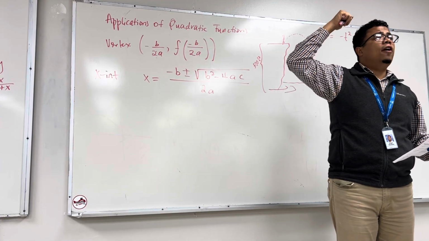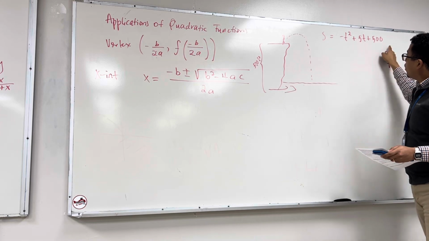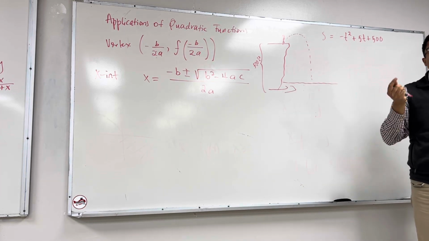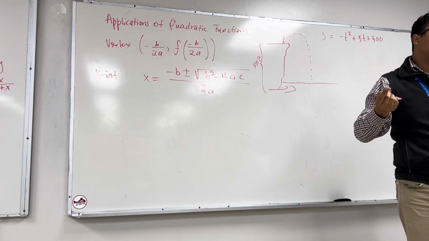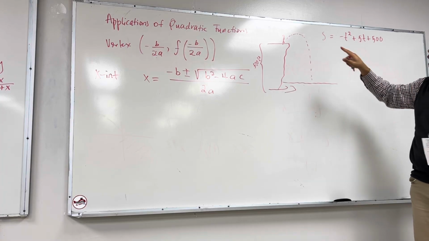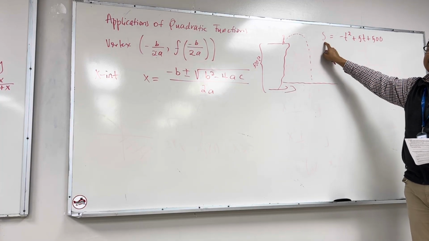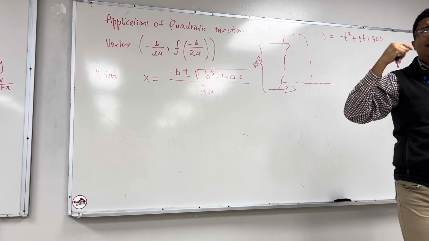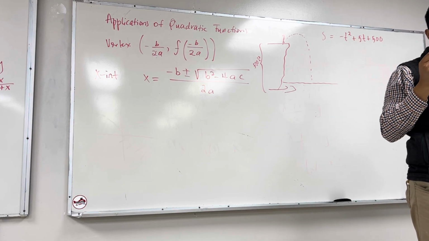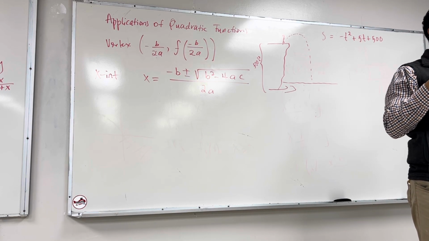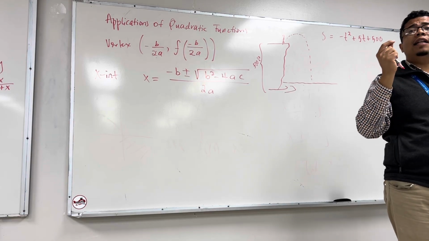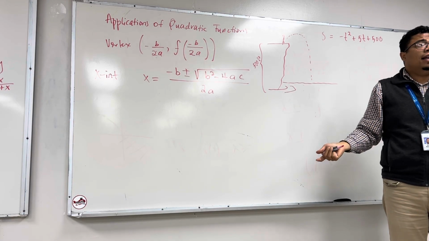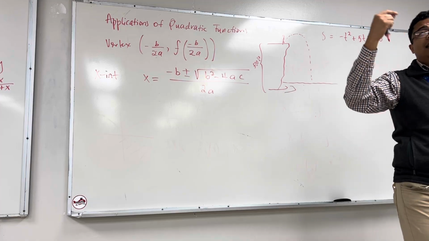Now, having this function, and understanding what S and T mean, S is the distance, and T is time. Now, I'm going to ask you, what's the independent variable here? Time is independent, and distance is the dependent, because as time passes, the distance changes.